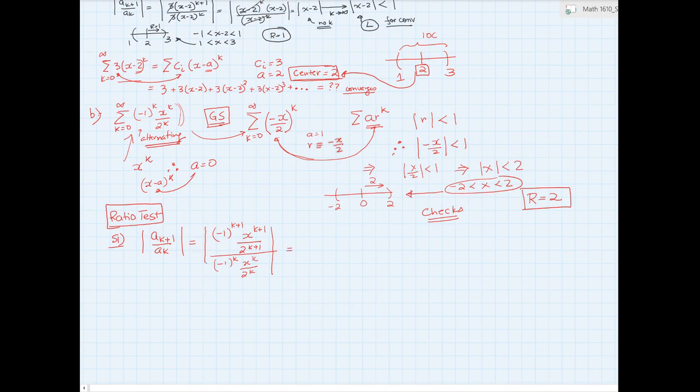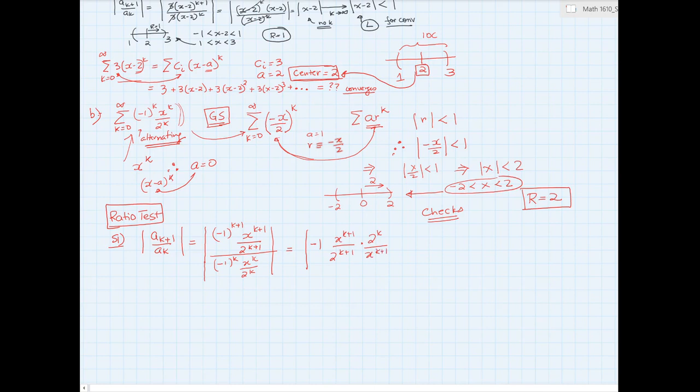Now we have done this kind of stuff in the previous chapter quite a bit, so you should be comfortable with it and we need not write in this cumbersome manner. So I would have negative 1, then x to the power k plus 1 over 2 raised to the power k plus 1 times 2 raised to the power k.